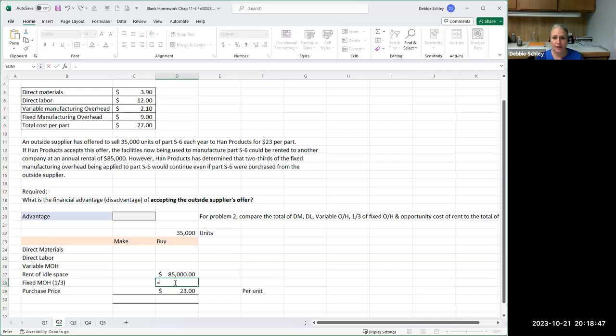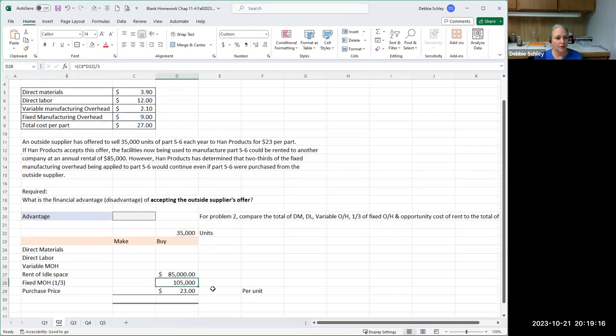So it's going to be equal to the fixed manufacturing overhead per unit times the units. And I should have put that in parentheses because I want that to happen first. And then for me, number-wise, this is how you've got to do it to make it work out. You divide it by 3, and that will give me 1/3.